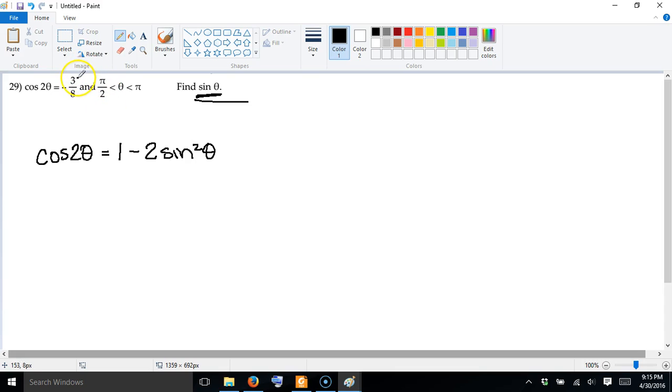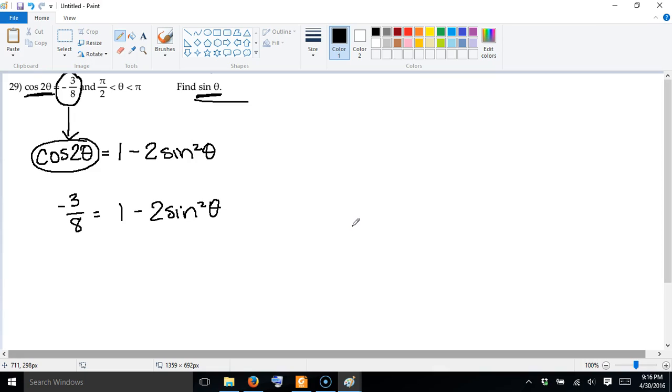And this right here, negative 3/8, is equal to cosine 2 theta. That means I can plug this value into this whole thing right here. Negative 3/8 is equal to 1 minus 2 sine squared theta.